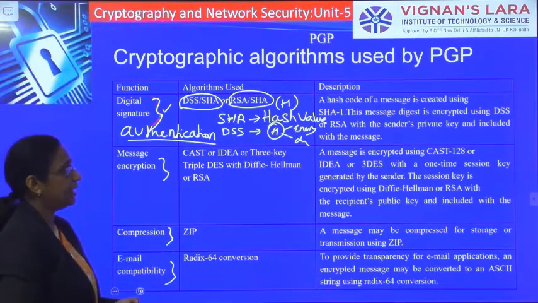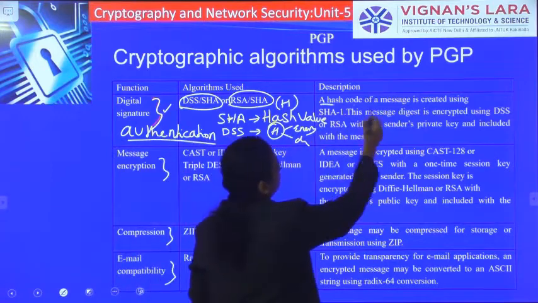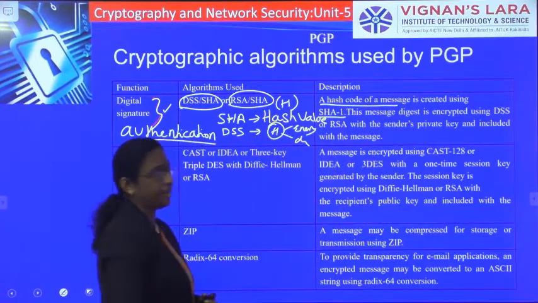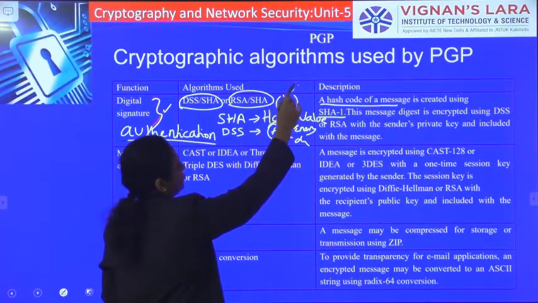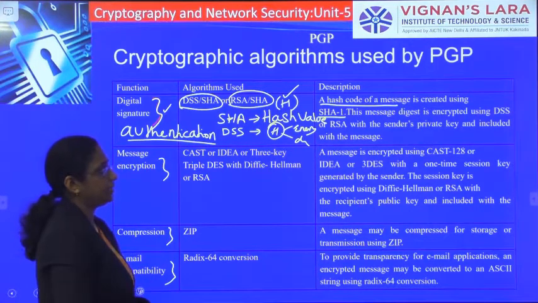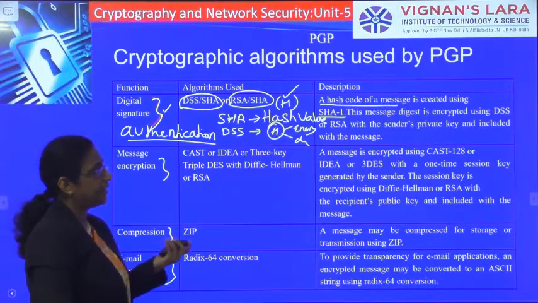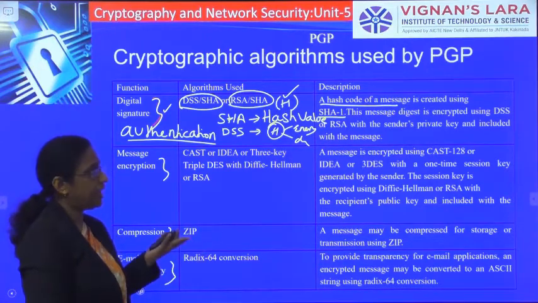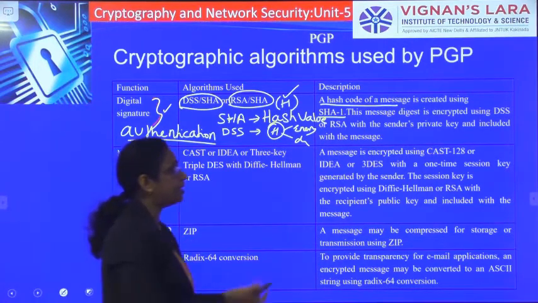Here, a hash code of a message is created by using SHA-1. That means this hash value is generated by using the SHA algorithm. And the digest, or hash code, is then encrypted.